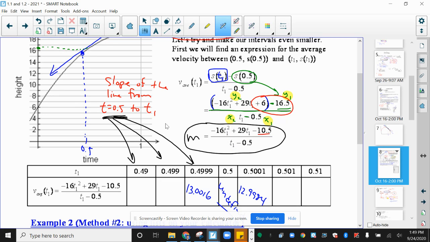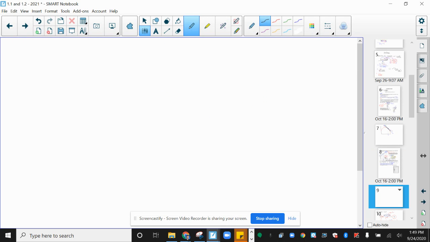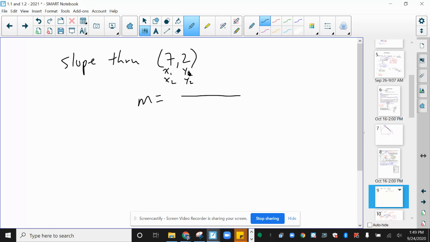And we talked about that because you can't find the slope of a line if you subbed in the same point twice. Okay, so for instance, if I say the slope through 7, 2, and if I'm going to use that as my x1, y1, and my x2, y2, like if I'm going to use it for both, I'm just going to have 2 minus 2.